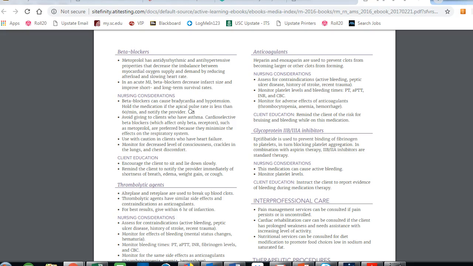Heparin, enoxaparin, Coumadin, and they have different reasons for them, not just for heart attack. It's for other reasons as well, and I will discuss those reasons in class.